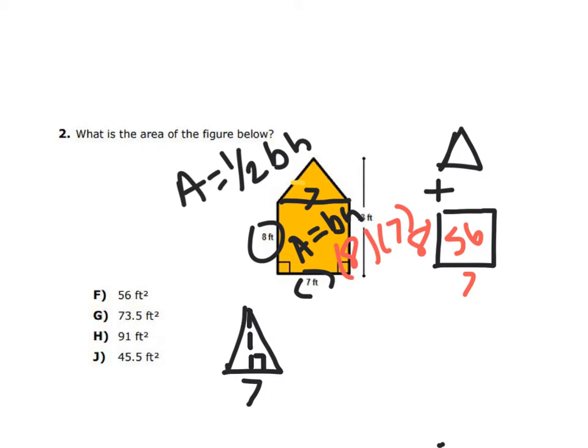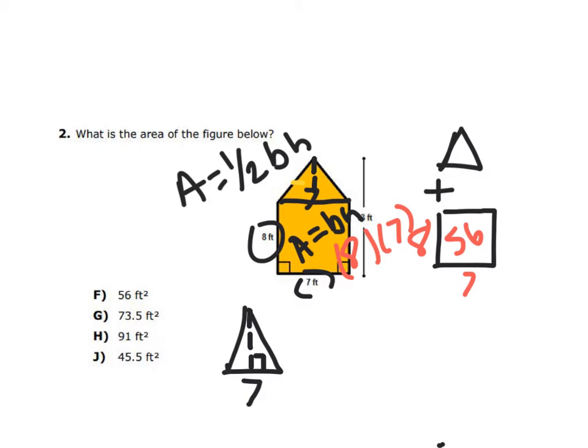Now don't get confused and think that the height of the triangle is the measurement they like to put right here. Okay, that is not the height. What we're looking for is how long is the distance from the top of the triangle down to the base. Okay.